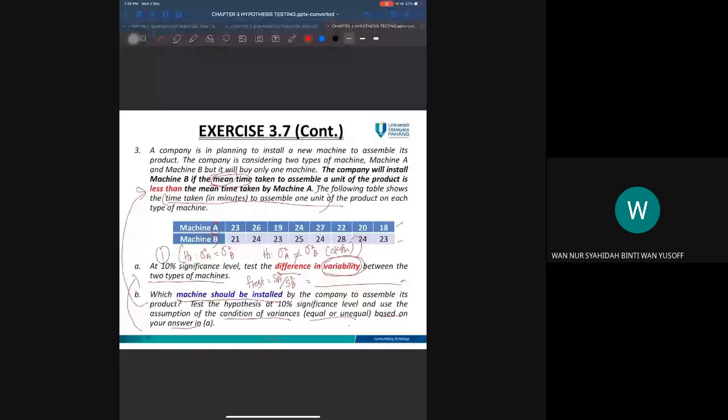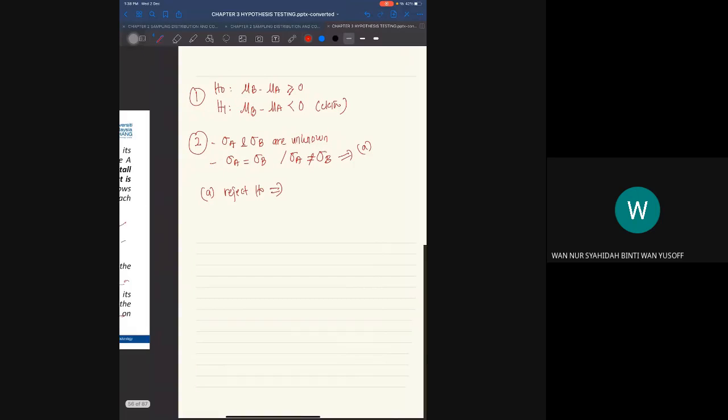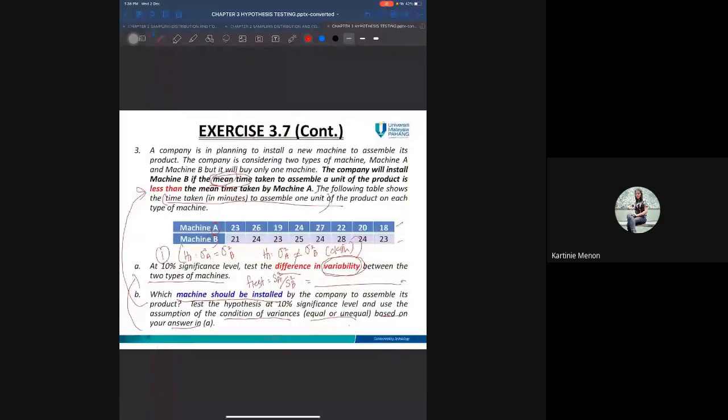After you are done, your decision is reject H0 or do not reject H0. If you reject H0, let's say in A, which one do we support? Equal or not equal? Not equal.